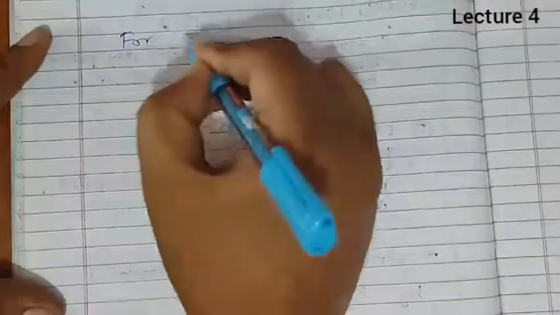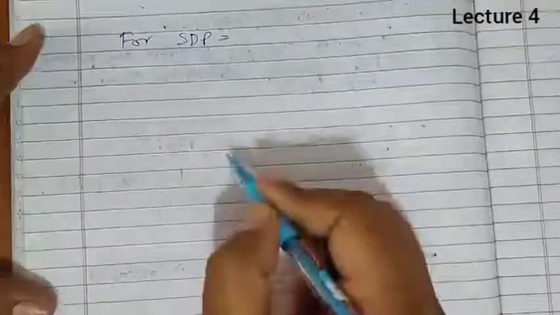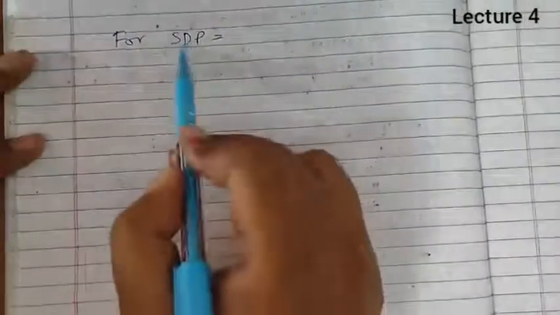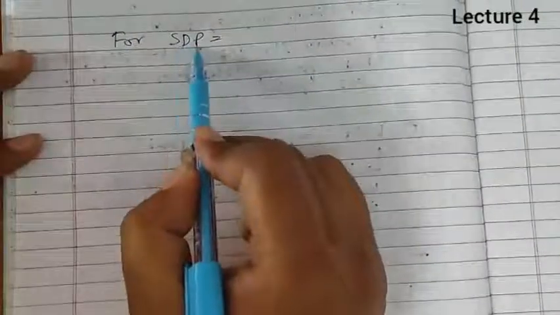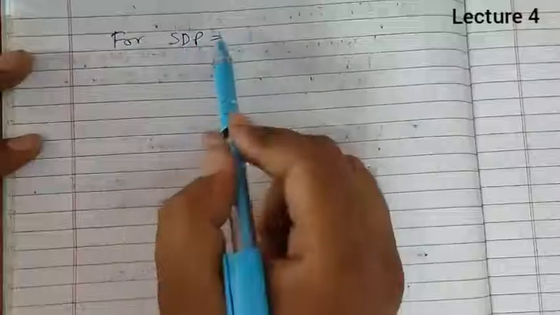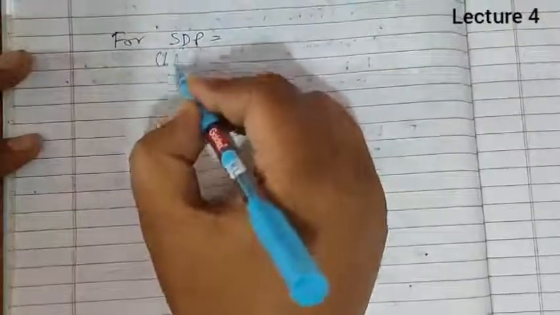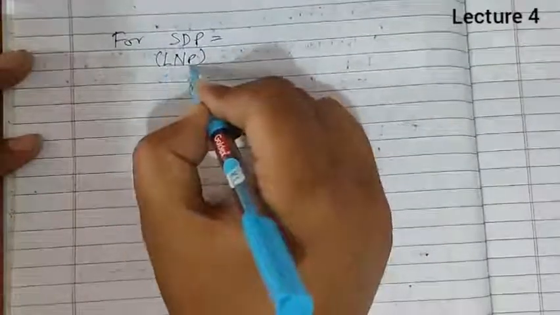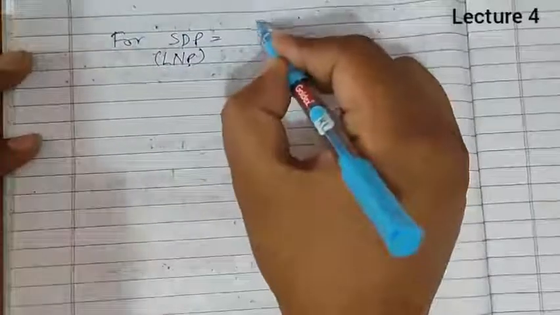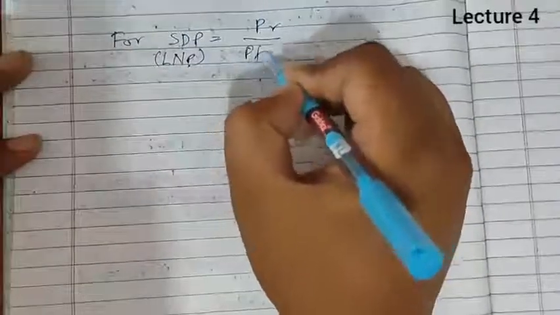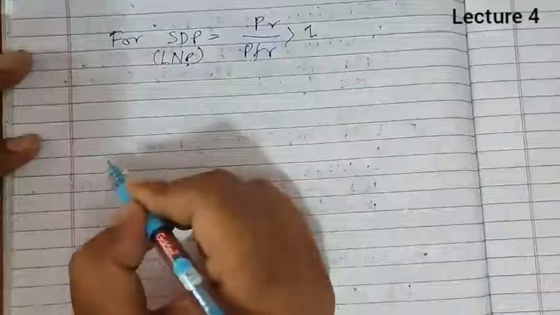So when we calculate this ratio for the short day plant and long day plant, we come to know that for short day plant, short day period or day period is short, means the dark period is long, because they are also known as long night plant. And if dark period is more, then PR get accumulate. So PR upon PFR ratio become greater than 1.